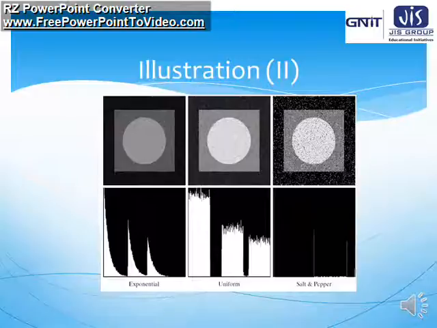Here we can see the first image having exponential noise, and its histogram is given in the second row, first image. Now for the uniform noise, it is almost like square pulses in the histogram diagram, and for the salt and pepper noise we have just 2 spikes. So that means this is the histogram of the salt and pepper noise affected image.